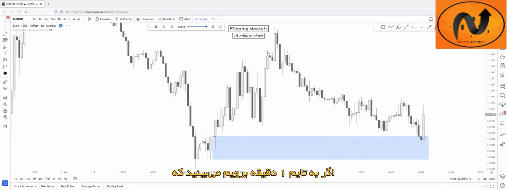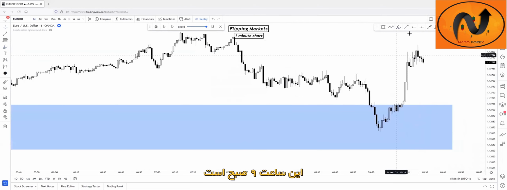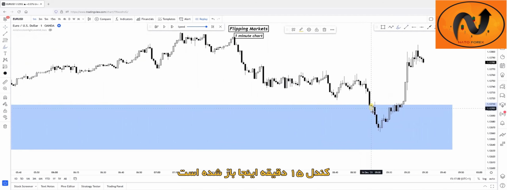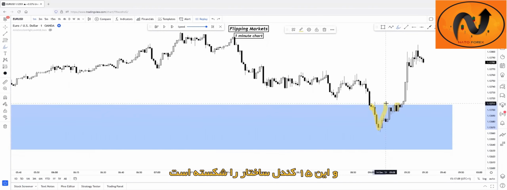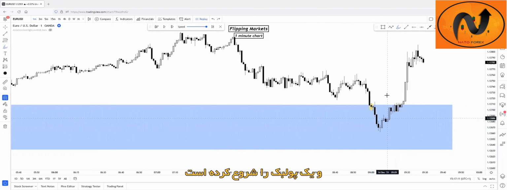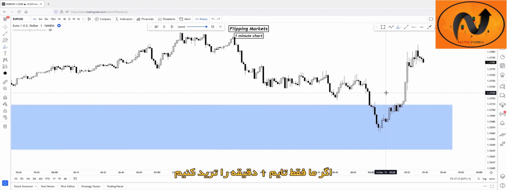So if I switch to the 1-minute chart, you will see that this is 9 a.m., the 15-minute candle opened here, and this is 9:15, it closed here. So on the 1-minute, as you can see, we have 15 candles, and those 15 candles just broke the structure and started a pullback. If we only trade the 1-minute chart, that's the importance of trading correlated timeframes.